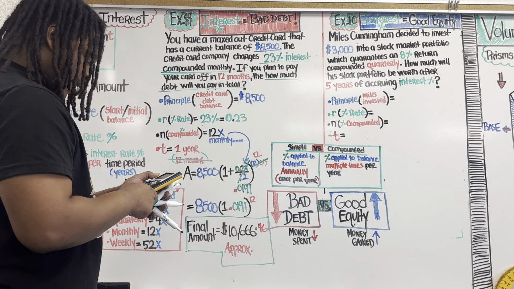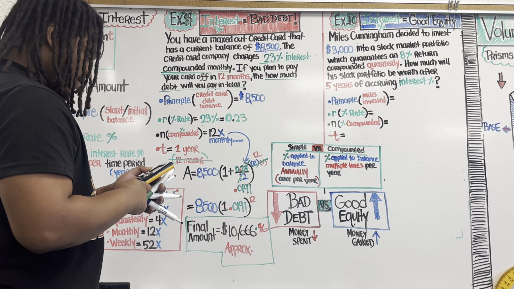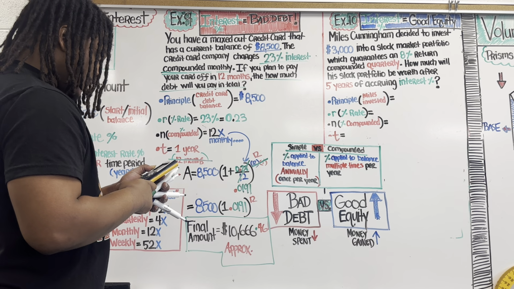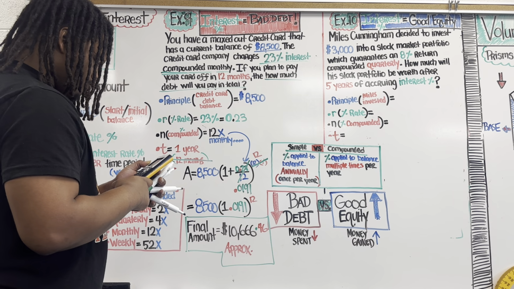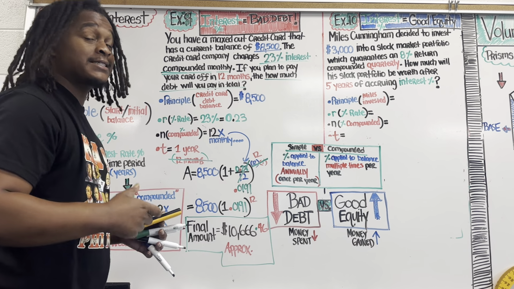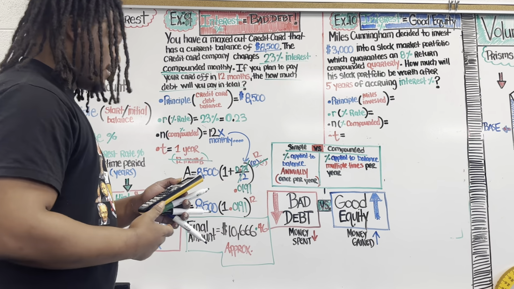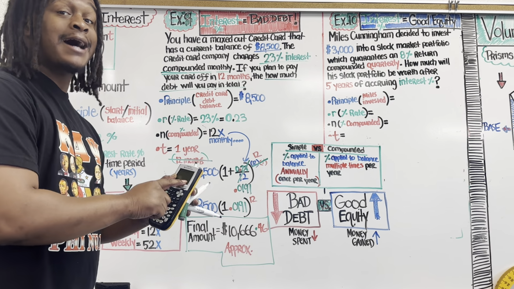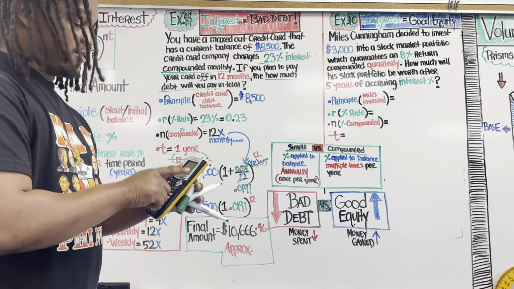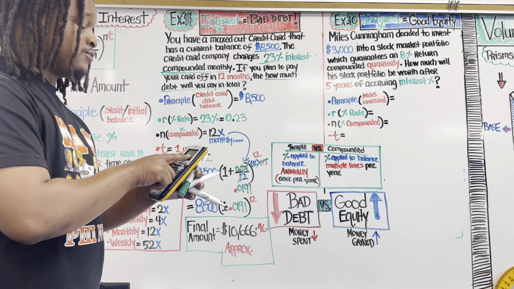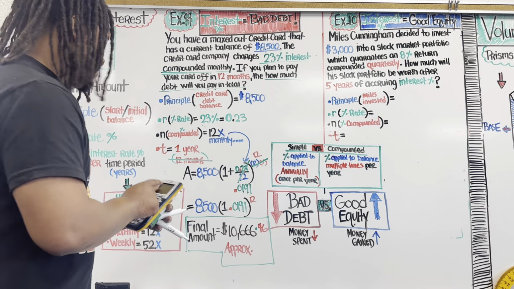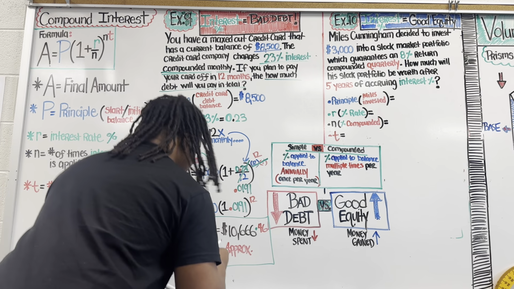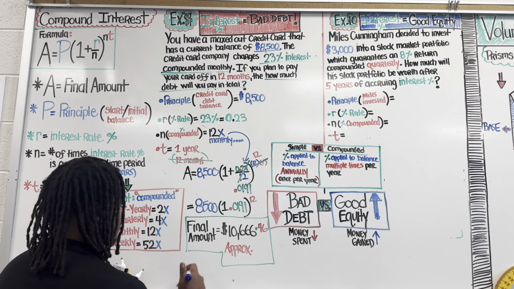Minus $8,500, right? Oh, that's actually roughly, I want to make sure I'm right. Actually, guys, that's actually more than $1,500. That's actually more than $2,000 extra that you're paying. The extra that you're going to be paying is $2,166. So you paid an extra, I have to put this, guys.